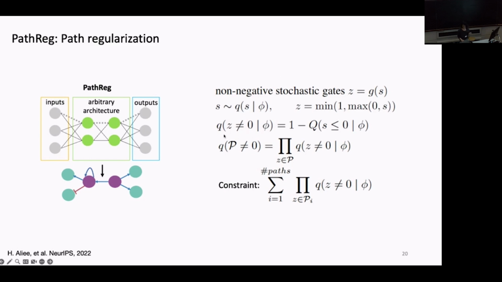Then we can calculate the probability that the gate is not 0, and from this the probability that the whole pass from input to output is 0, which is the multiplication of the probabilities of the gates through the pass, and then the constraint is to minimize the number of passes that are active from input to output.